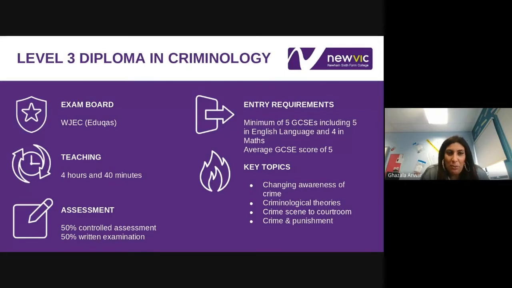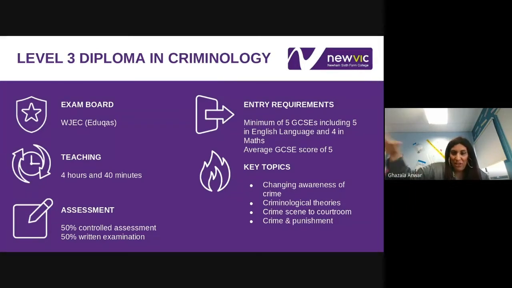The exam board is WJEC. Teaching is 4 hours and 40 minutes a week. The way that you're assessed is 50% controlled assessment, which you do on a computer across 2 days, 4 hours on one day and 4 hours on another day.